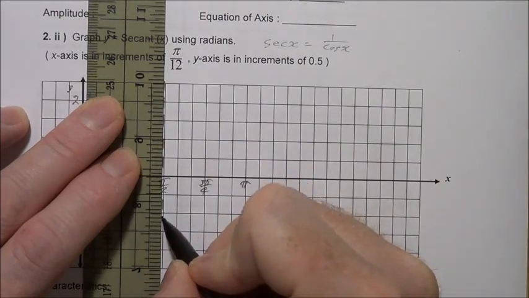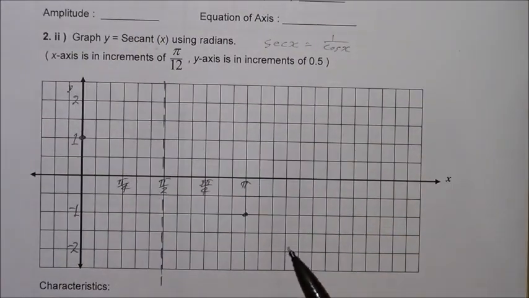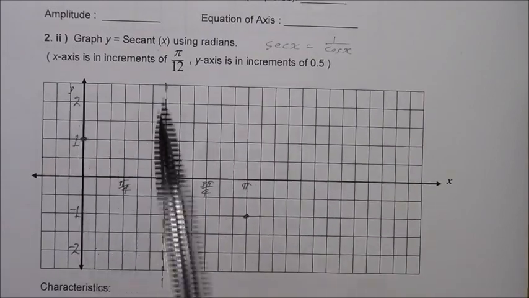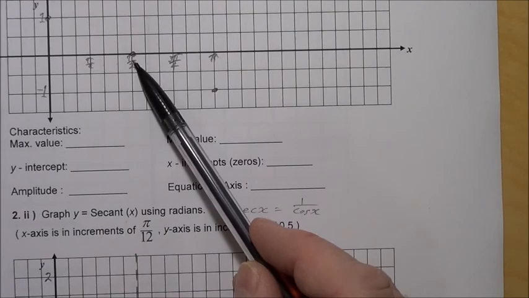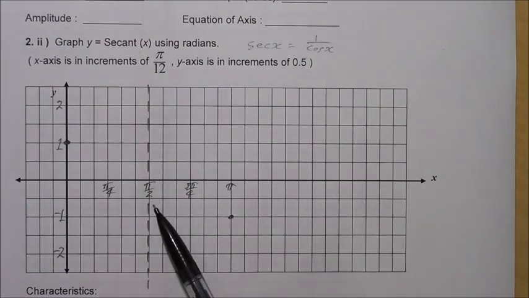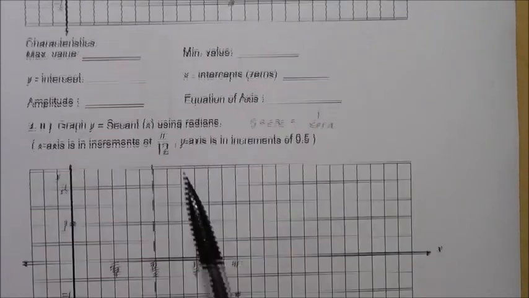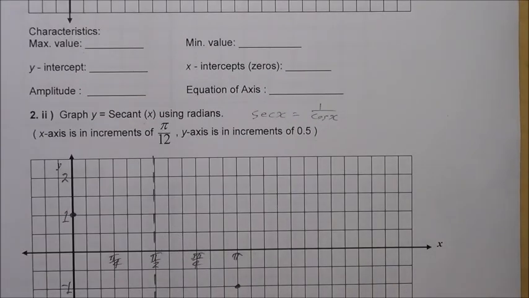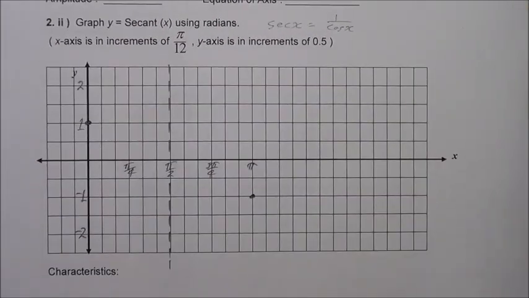Similar to where sine was 0, cosecant had a vertical asymptote, now cosine is going to be 0 here at pi by 2. That means that for secant, we've got to have a vertical asymptote. So the vertical asymptotes for secant are not going to be in the same position as the vertical asymptotes for cosecant, which related to the sine function we just looked at.